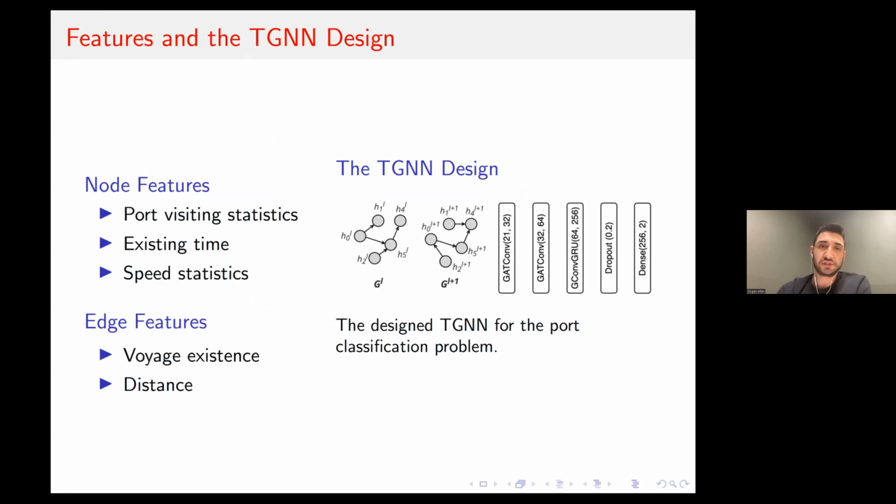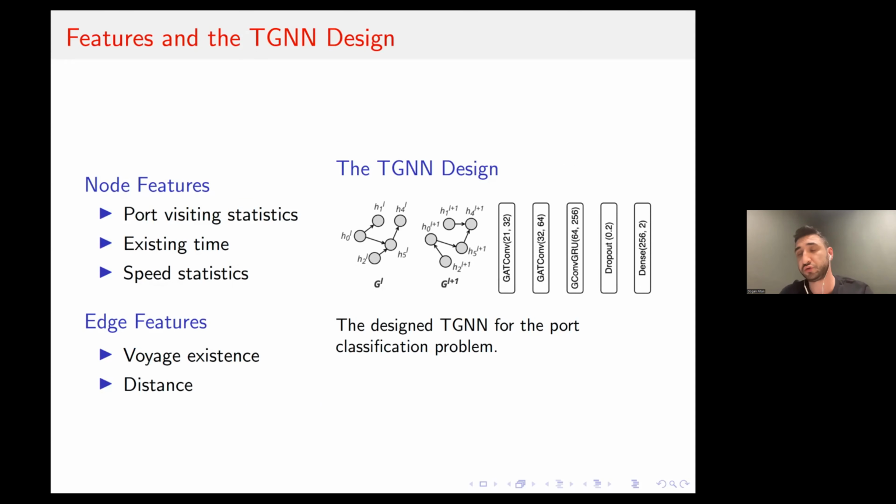We use some features in our representation. In our nodes, we have some port visiting statistics. We have the existence time of the vessels in that corresponding node, and then we have some speed statistics on that corresponding node. And on the edge, we have the voyage existence data. That means, for example, assume that we have a graph of a single day.